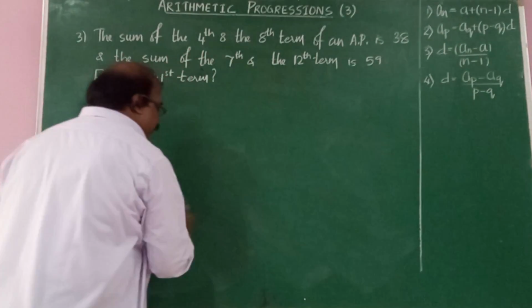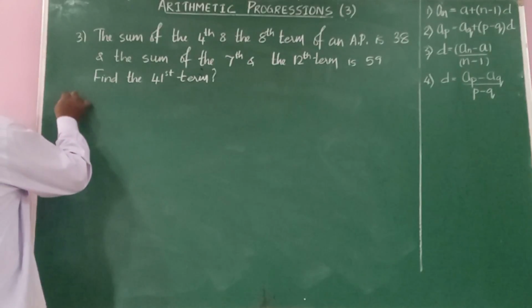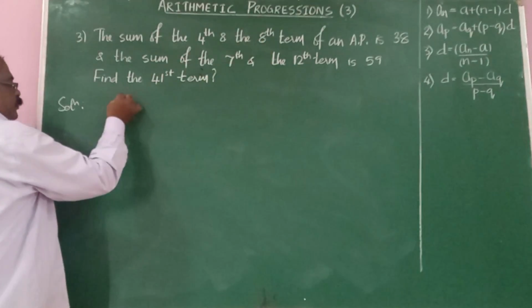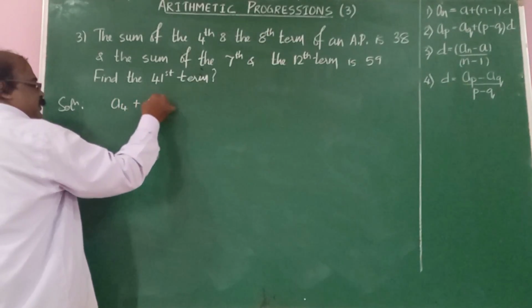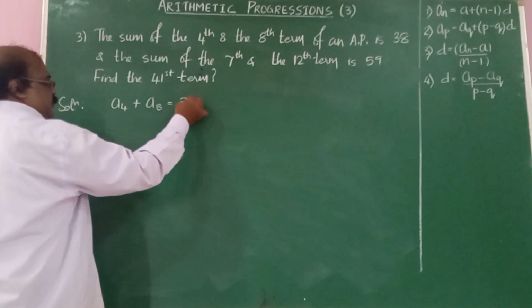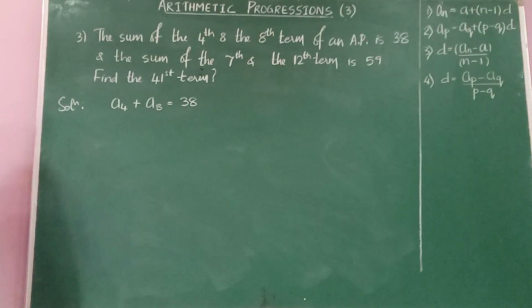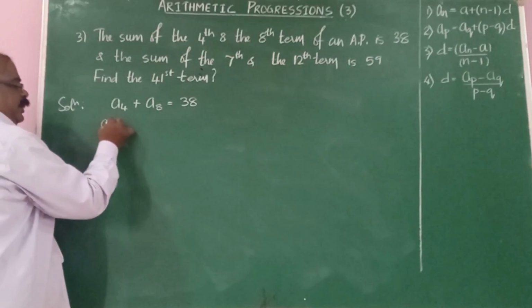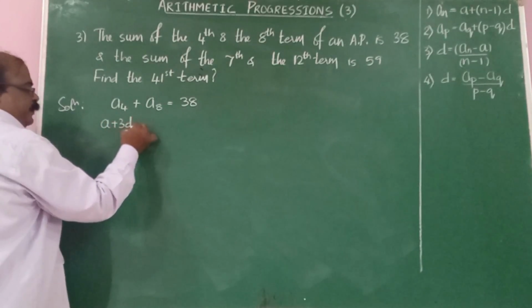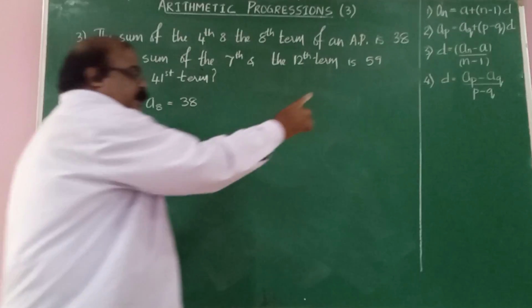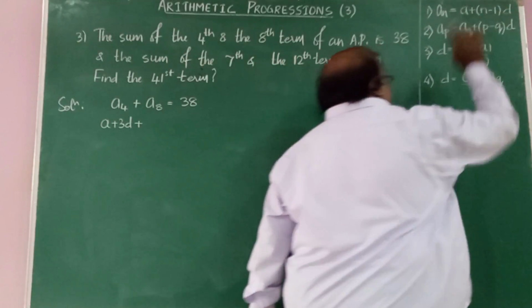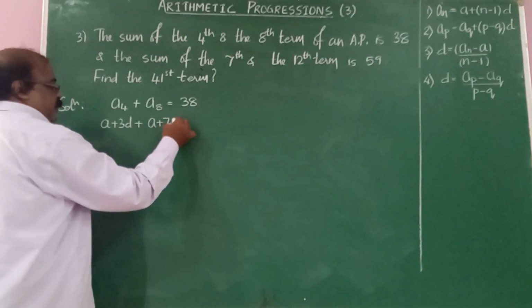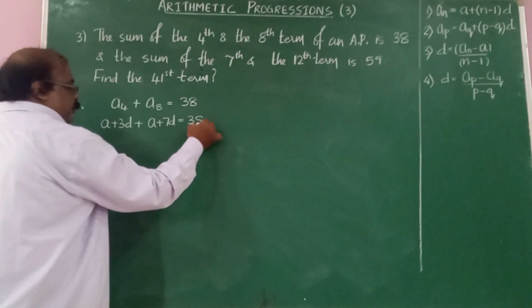In my first statement, I know that the sum of the fourth term and the eighth term is 38. So A4 is A plus of 4 minus 1 into D. Let me write it directly as A plus 3D. A8 is A plus of 8 minus 1 into D. Let me write it directly as A plus 7D is equal to 38.